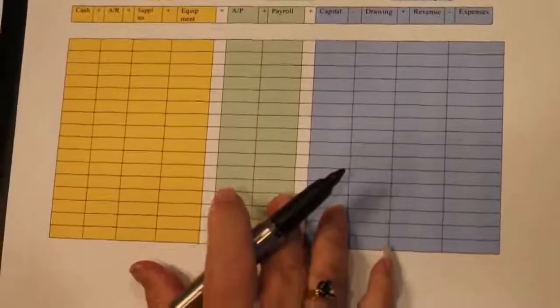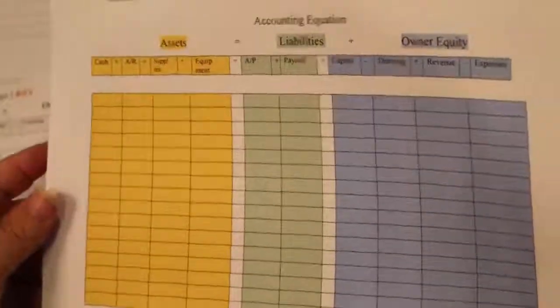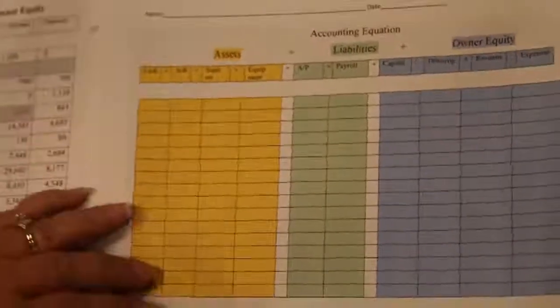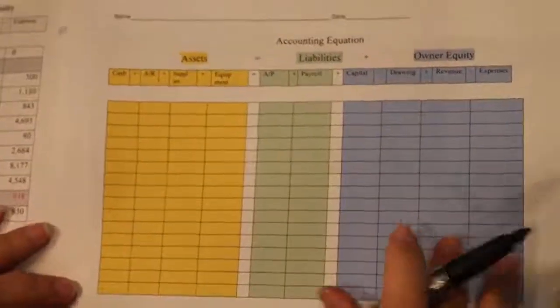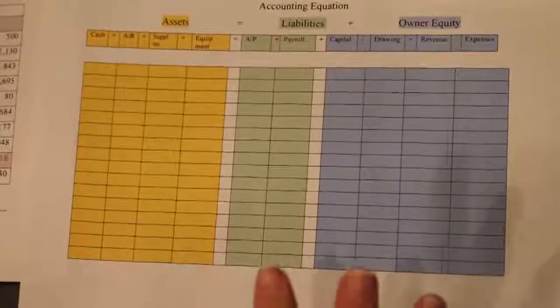Okay, so here we are with the accounting equation. We're going to do some exercises. And this is the accounting equation worksheet that I have included in the comments. Now there's two versions. This one, I color-coded based on what type of account they are.